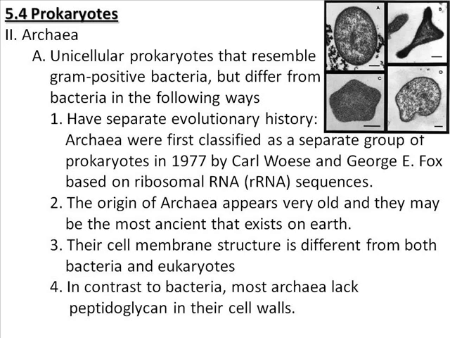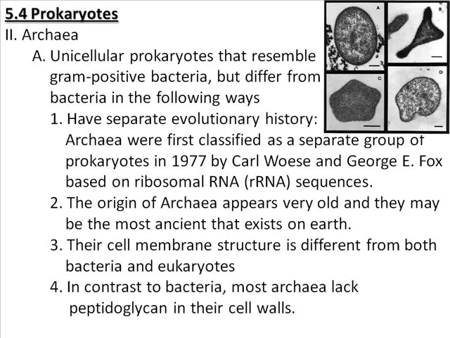And this was done based on the studies of the archaeans' ribosomal RNA sequences. Another difference with the Archaea is that their origin appears to be very old. In fact, it's thought that the Archaeans may likely represent ancestors, or descendants, of the first organisms that ever appeared on Earth.